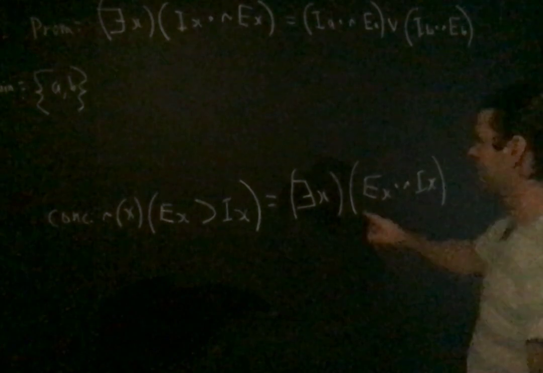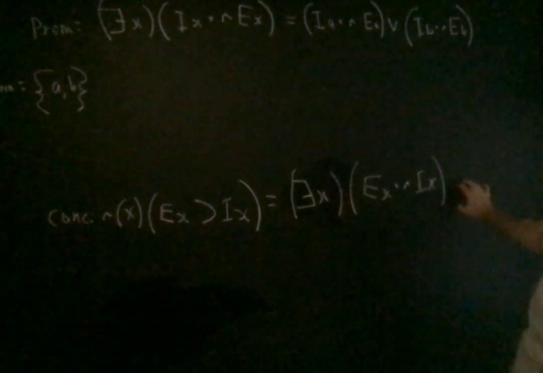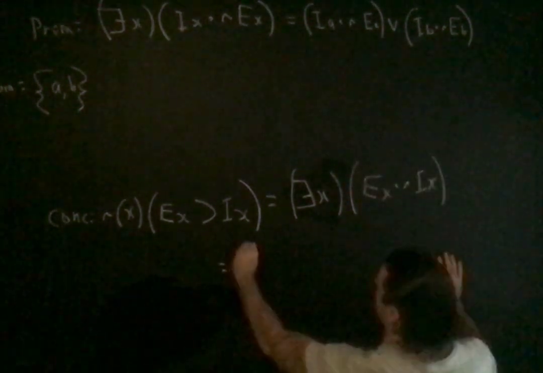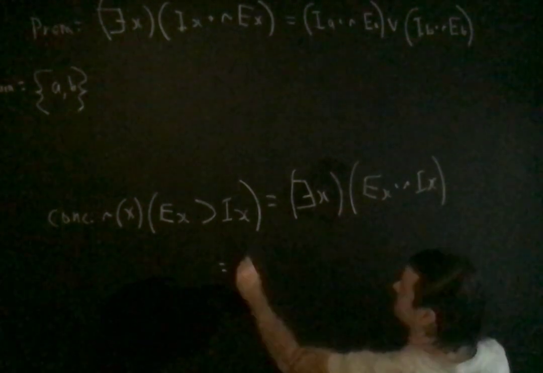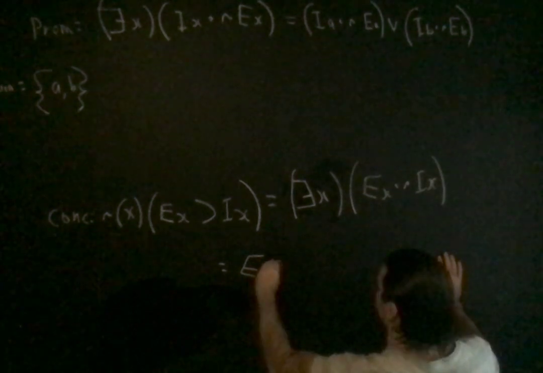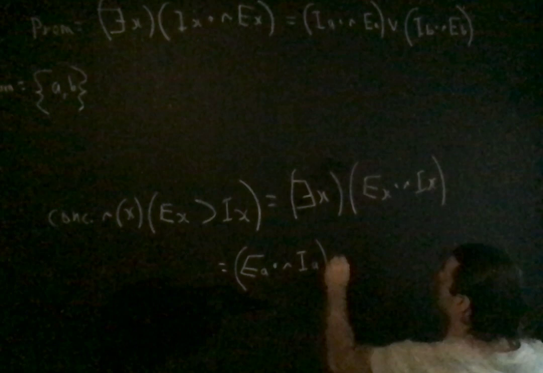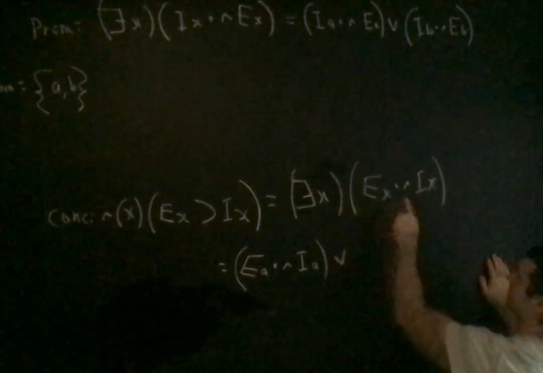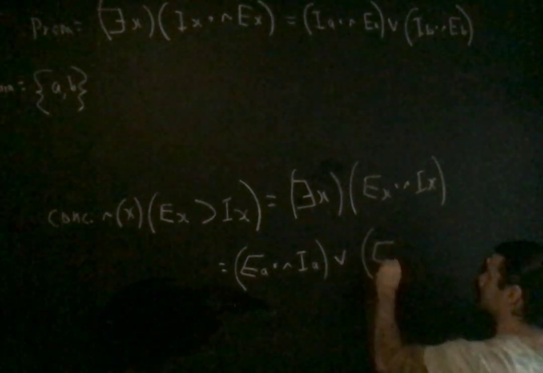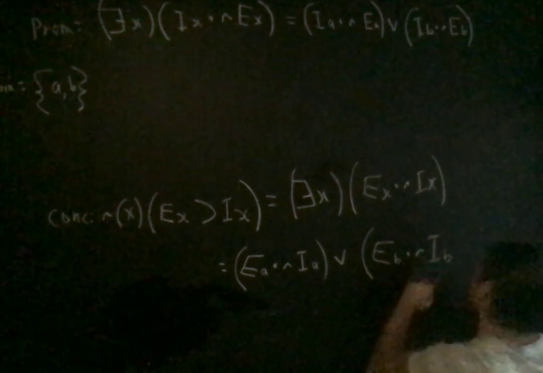Okay, so that's equivalent, and I'm going to translate this, all right? So what does this come out to? So the existential statement becomes a disjunction, so it's EA and not IA, in brackets, or something is E and not I, so either A is E and not I, or B is E and not I. Okay?